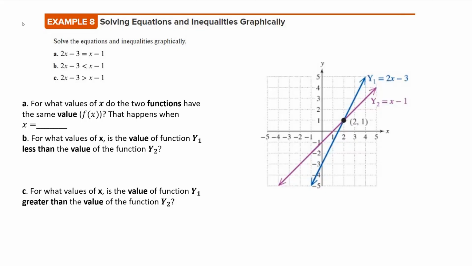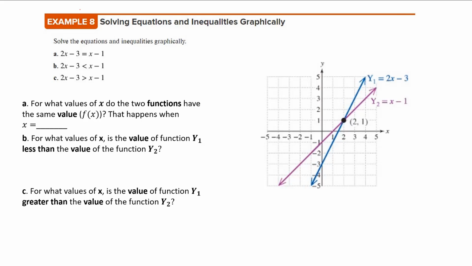Okay, here we're talking about solving equations and inequalities graphically. That means tell me what's happening with a picture instead of just showing me algebra. So for part A, it says solve this graphically. You've got 2x minus 3 equals x minus 1.